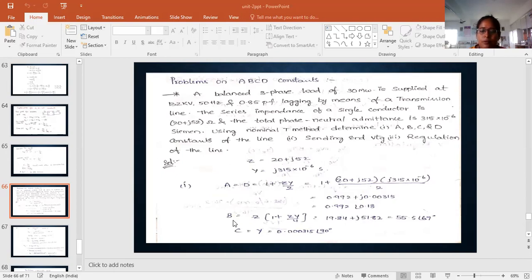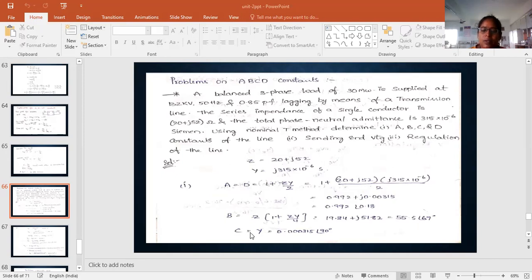And for the B value, B equal to Z into 1 plus ZY by 4, and we can also write Z plus Z square Y by 4, no problem at all, we can calculate. So here, substituting the values of Z and Y, we get 19.84 plus j51.82, which converted from complex to polar is 55.5 at an angle of 69 degrees.